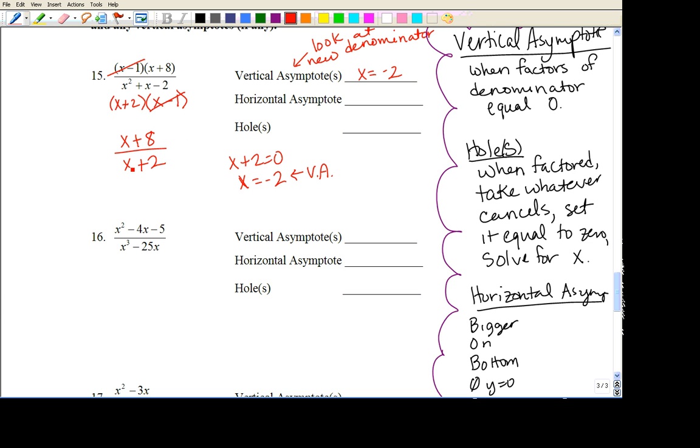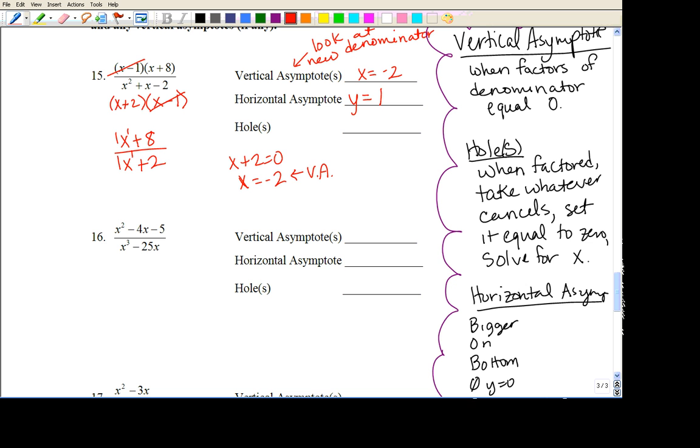So we have x plus 8 over x plus 2, they have the same exponent, because that's x to the first over x to the first. So whenever you have the same exponent, you need to divide the leading coefficients. So that would be y equals, because horizontal asymptotes are y equals, so this has a coefficient of 1, that has a coefficient of 1. So 1 divided by 1 is 1.